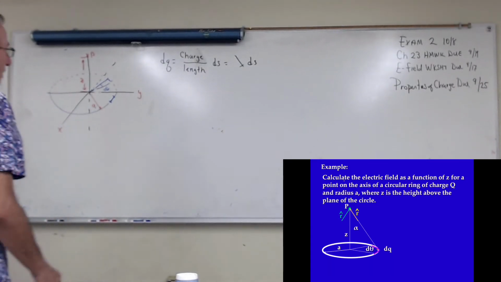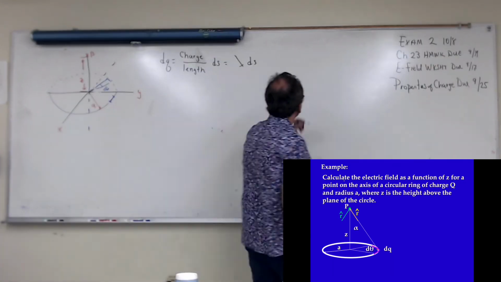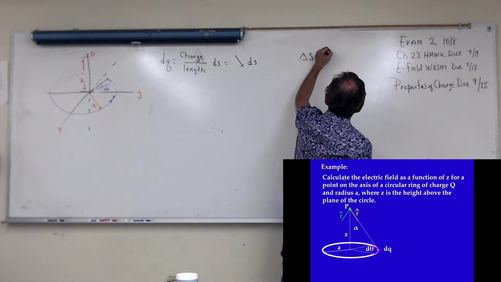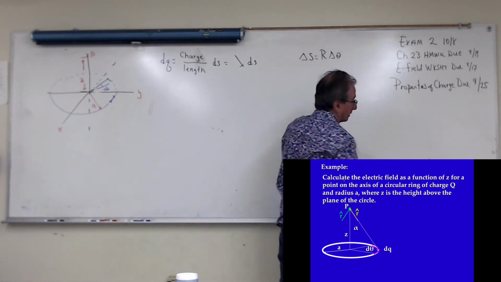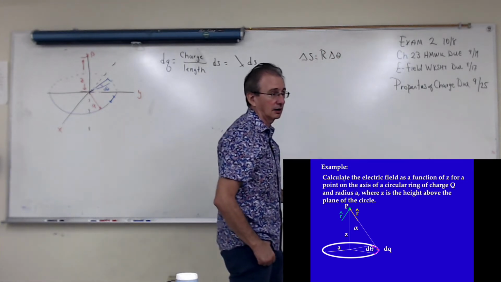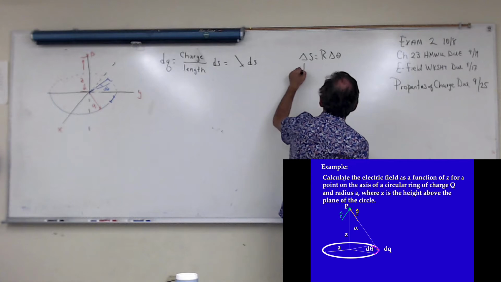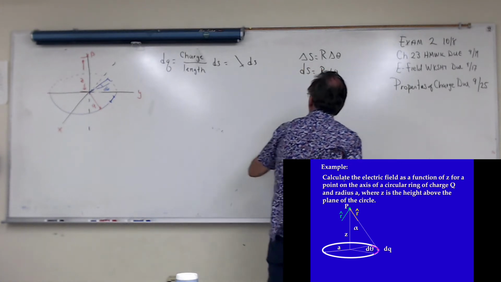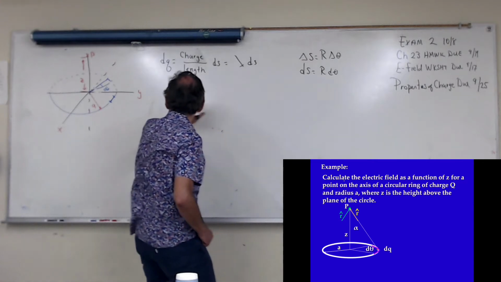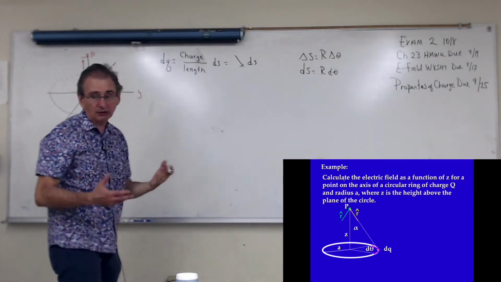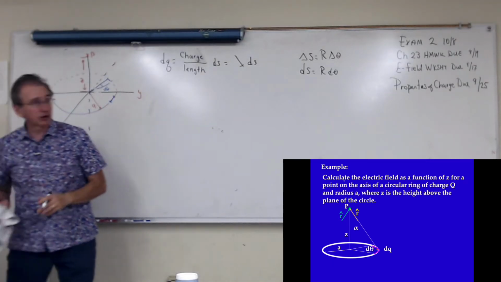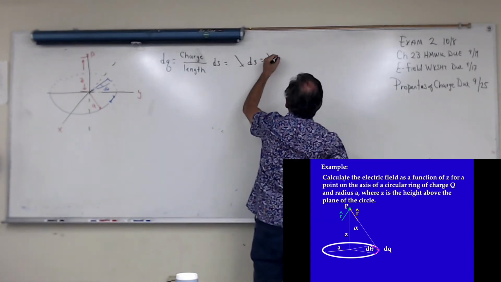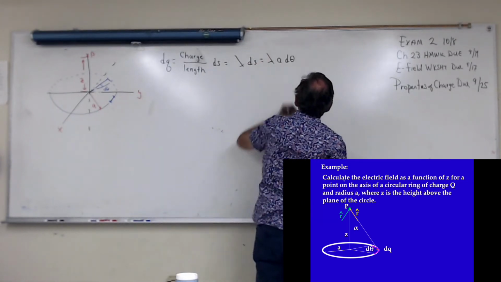Okay, so arc length, delta s, is radius times delta theta. And so ds, the infinitesimal version, is r d theta. Our radius we called a in our problem. So dq is lambda a d theta.